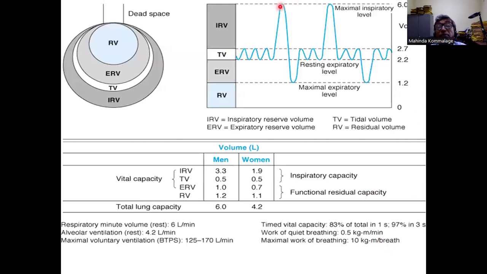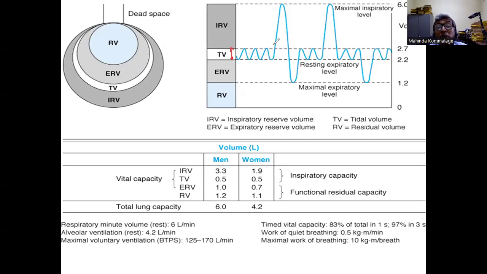In this diagram, this is the tidal volume, this volume we take in and out. But if we put in extra effort, we can take in more than that. Basically, we can inspire with effort more than that, like we can take deep breaths, the maximum inspiration.